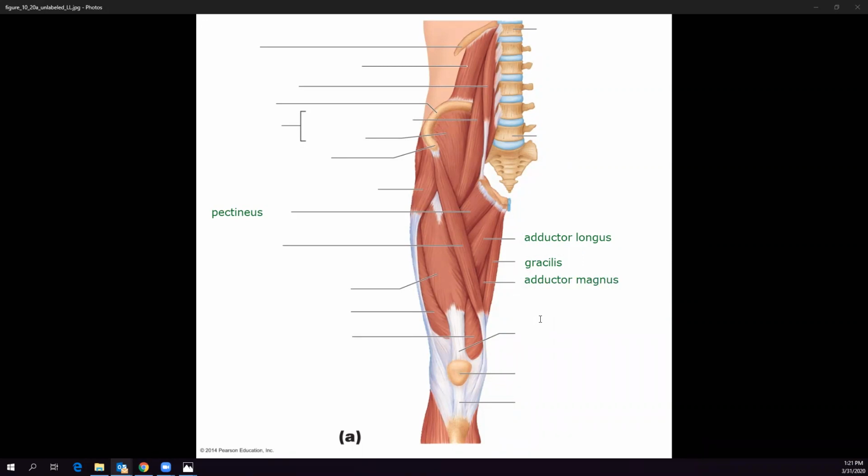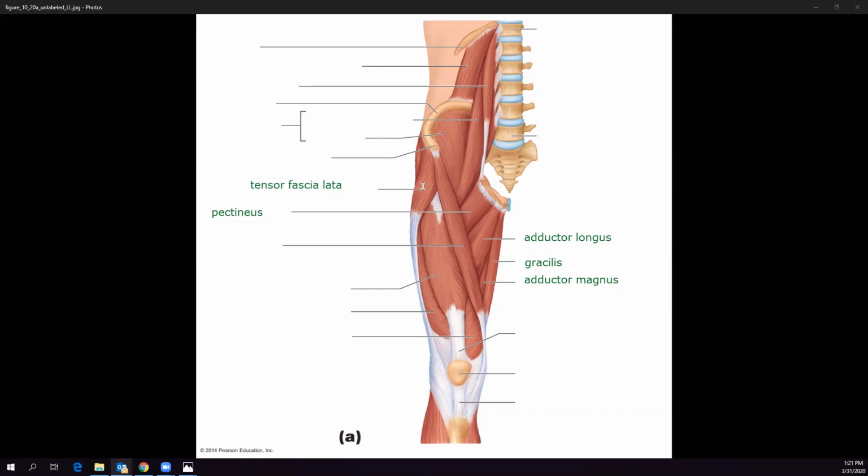So, oh, here's tensor fascia lata. If I have one, and then I put E's on the end if I have two, but that's that muscle right there. And then there's that iliotibial band that I told you about. Yeah, I forgot it was in this view.